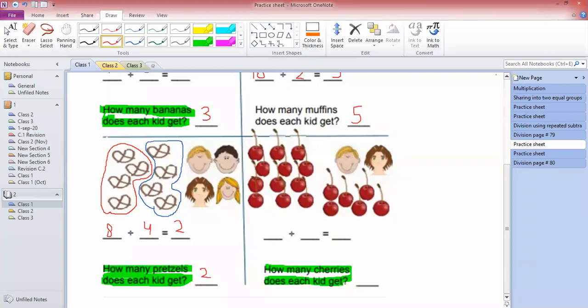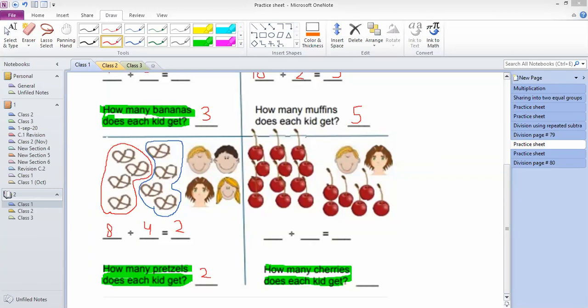8. If he gets 8, 9. 9. How do you know it is 9? Good.